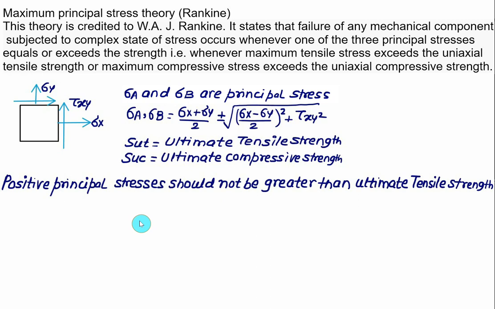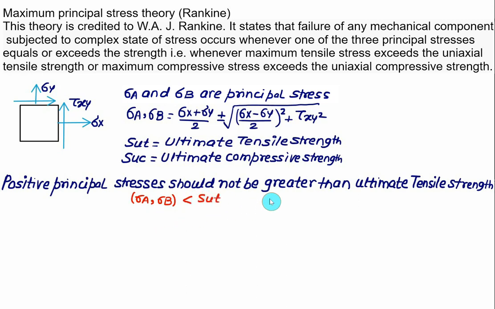According to the maximum principal stress theory, a positive principal stress should not be greater than the ultimate tensile strength. So any value of sigma A or sigma B should always be less than the ultimate tensile strength. If positive, both values must be less than or equal to SUT.